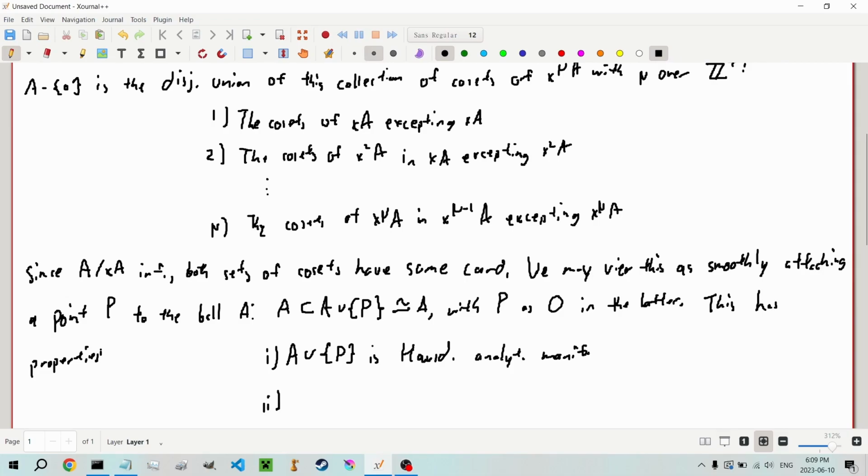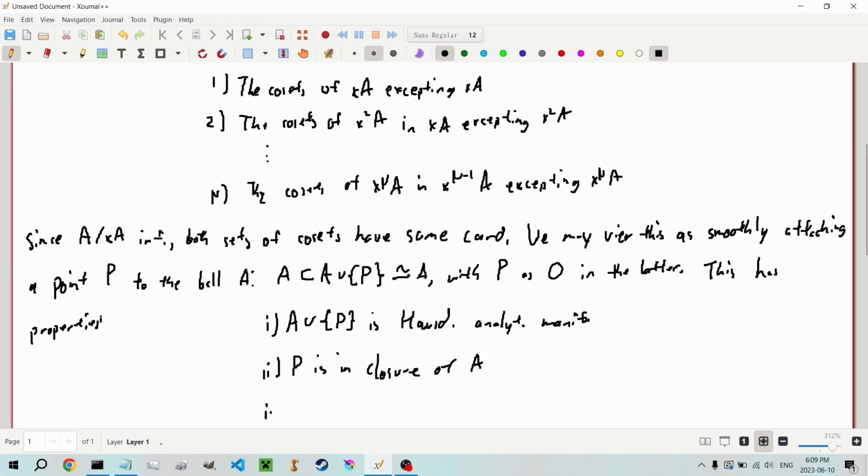Second, P is in the closure of A, and third, P is not in the closure of any coset of the maximal ideal of A. And this is a consequence of the fact that 0 is far away from any of the cosets we use to describe A minus 0.